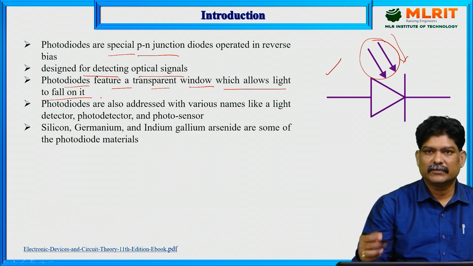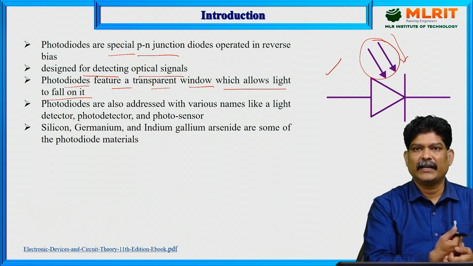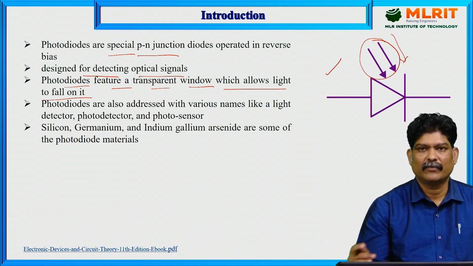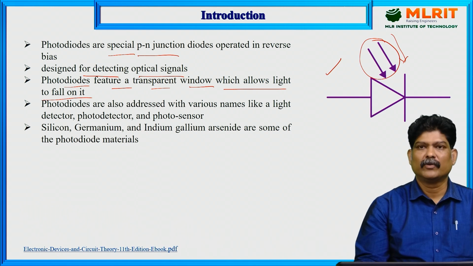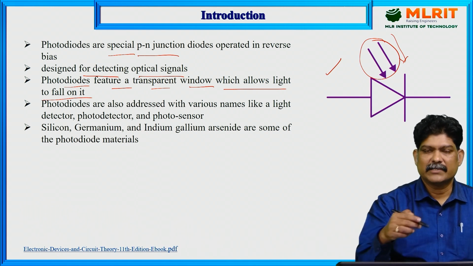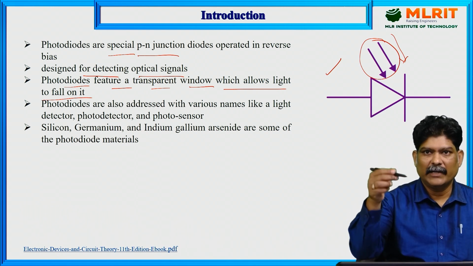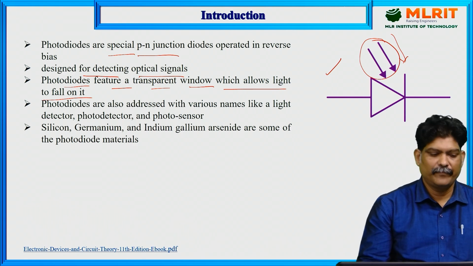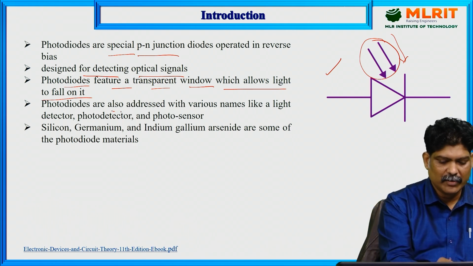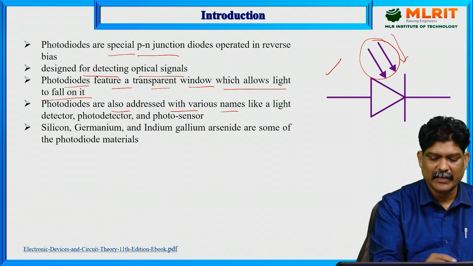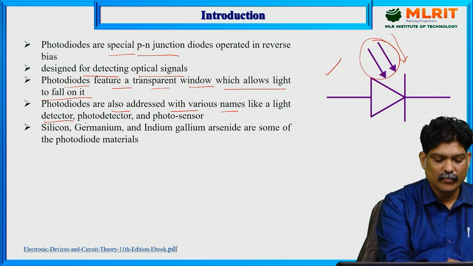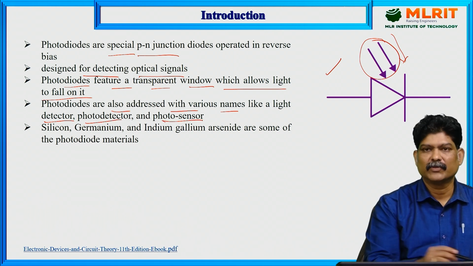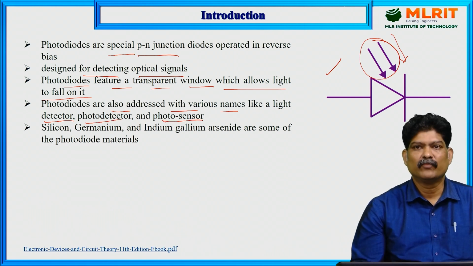We will see in the next slide the basic construction of photodiode, where the light has to impinge on the photodiode. Photodiodes are also addressed with various names like light detector, photodetector, photosensor. So these are the different names for photodiode.